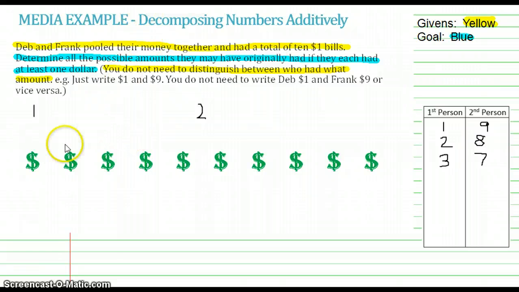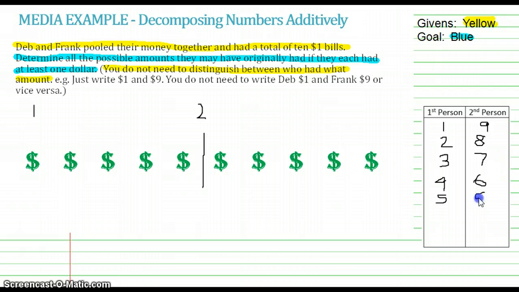We're going to move this line over to 4, and we have $4 and $6. Let's keep going. 1, 2, 3, 4, $5 and $5.